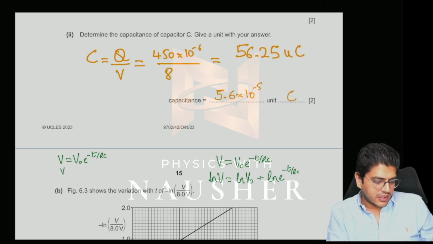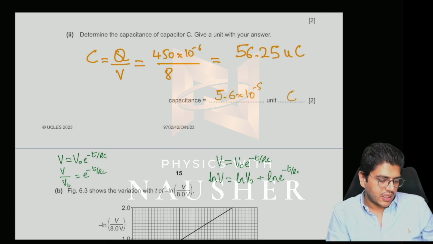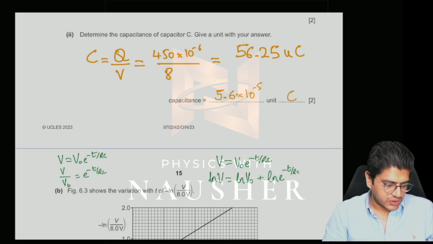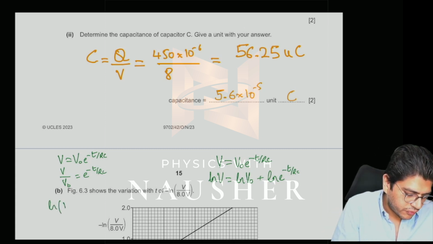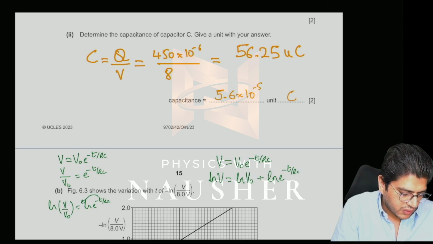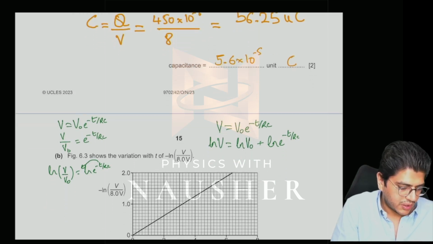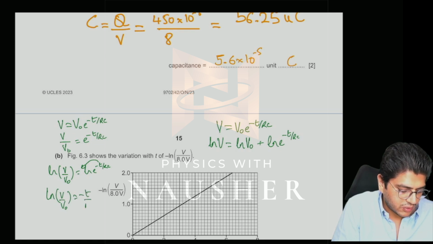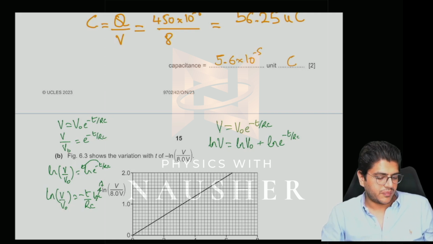Then you write it like this: V over V naught is equals to e to the power minus t over RC. Now you take the natural log on both sides, so you'll get natural log of V over V naught is equals to natural log of e to the power minus t over RC. Minus t over RC comes down, so you end up getting ln V over V naught is equals to minus t over RC into ln e. Ln e is 1. So I hope that makes sense.